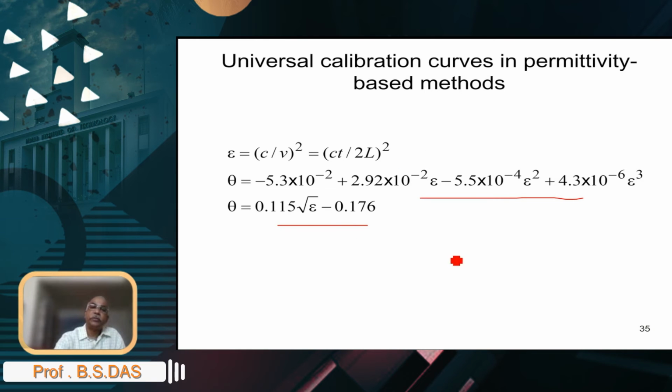And this equation up here is the first one, given by Professor Topp from Canada in 1976, the famous Topp's equation between the dielectric constant of the soil and the volumetric water content.